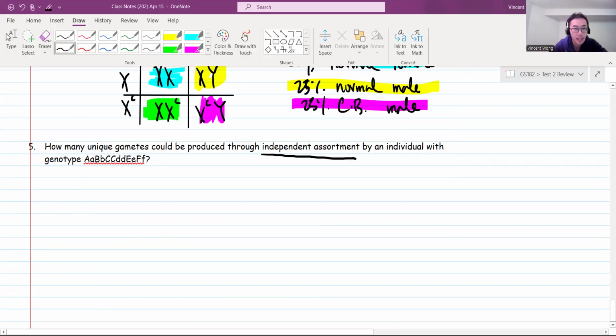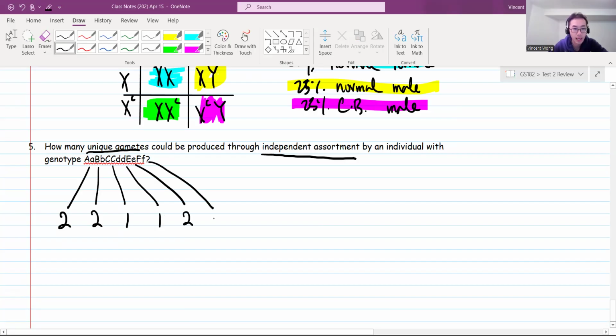So over here, how many unique gametes? You might remember doing this question in class. Big A, small a, 2 choices. Big B, small b, 2 choices. Big C, 1 choice. Small d, 1 choice. And in biology, if you have a bunch of numbers and you don't know what to do with them, what do you choose?